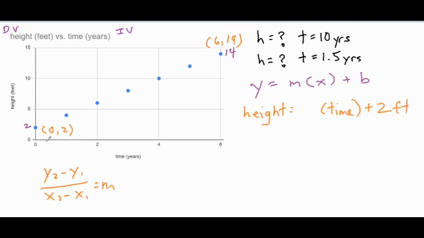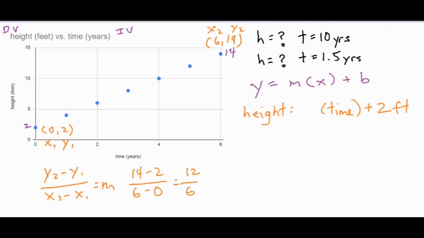So this is considered our first x value and our first y value, and this is our second x value and our second y value. Let's go ahead and plug those in. We have a y2, which is 14, and a y1, which is 2 on the bottom. Our x2 is 6, and our x1 is 0. So 14 minus 2 is 12, and 6 minus 0 is 6.